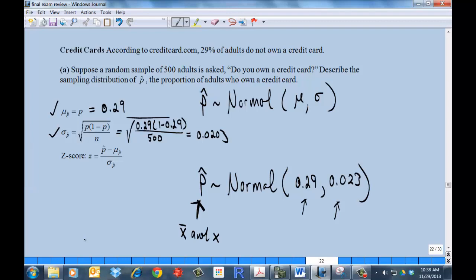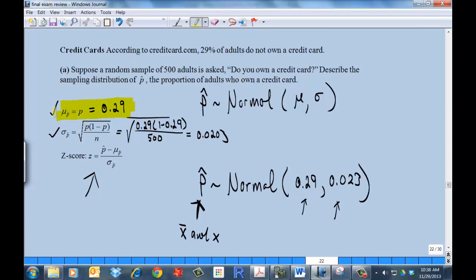Now, the z-score that we're going to use to convert the non-standard normal, which is here, into the standard normal is right here: p hat minus mu p hat over sigma p hat. So p hat, remember, is x over n. Mu p hat, remember, we're going to get from right here.